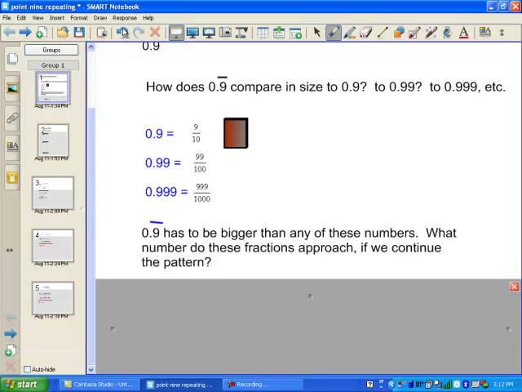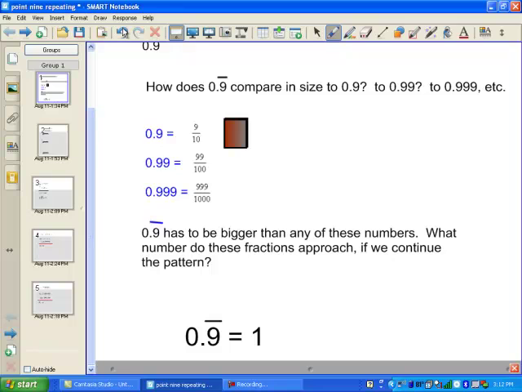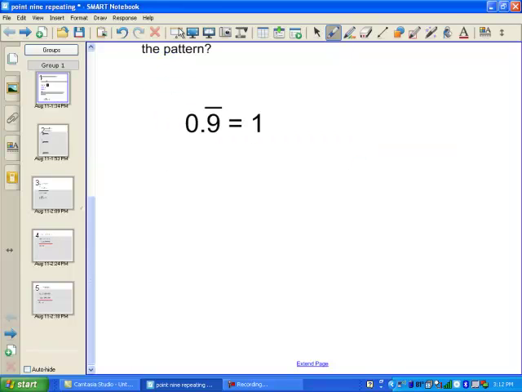What number do these fractions approach if we continue this pattern? Well, I think you can see that the numbers are getting closer and closer to the value 1. But my contention here is that 0.9 repeating doesn't just get closer and closer to 1, but in fact 0.9 repeating is identically equal to the number 1.